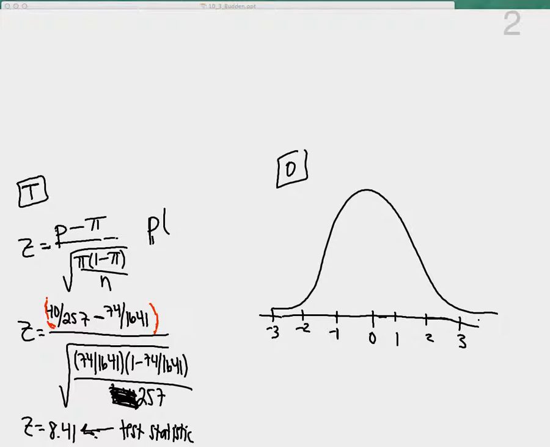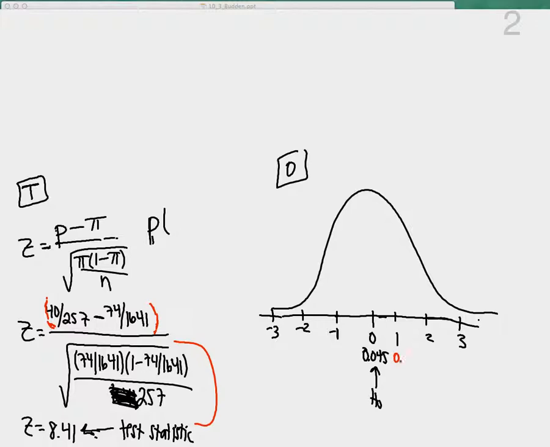So that's 0.045. The standard deviation that we're going to use on the standard normal curve is all of that stuff in the denominator, which is about 0.01.